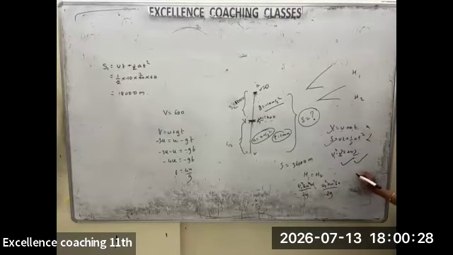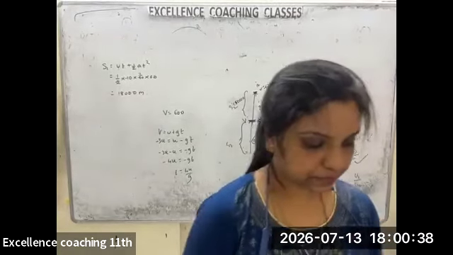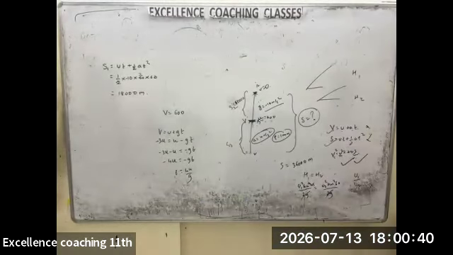So u1 by u2 you have to find out. So 2g got cancelled out. So u1 upon u2 is sin square 60 upon sin square 45. What answer do you get? Sin 60 is root 3 by 2. Sin 45 is 1 by root 2.